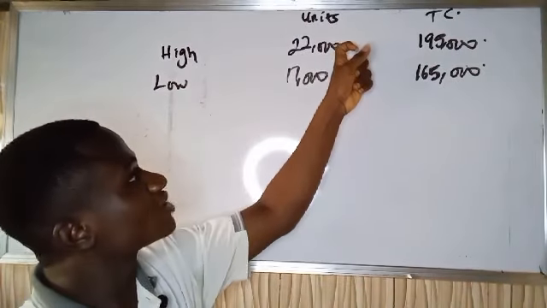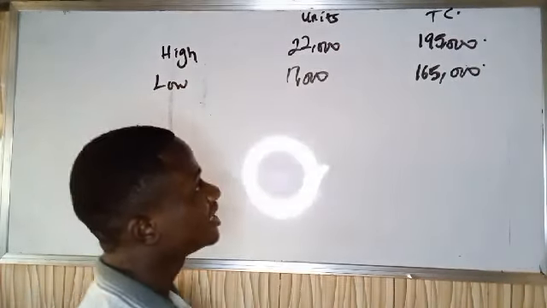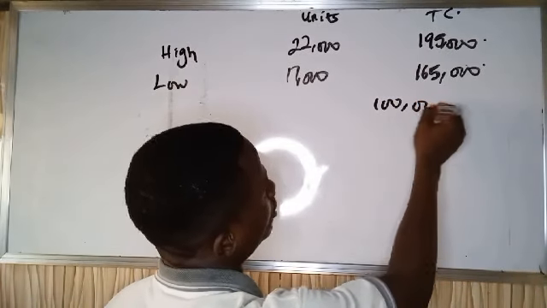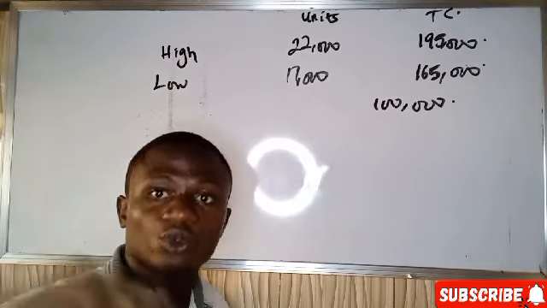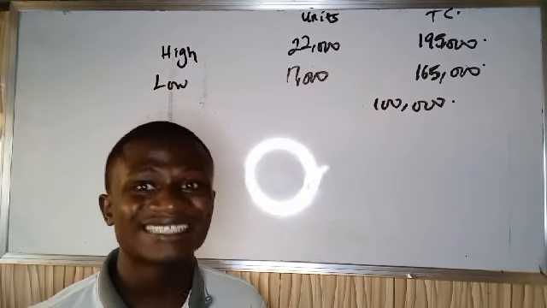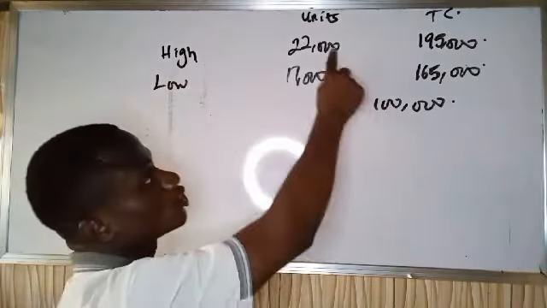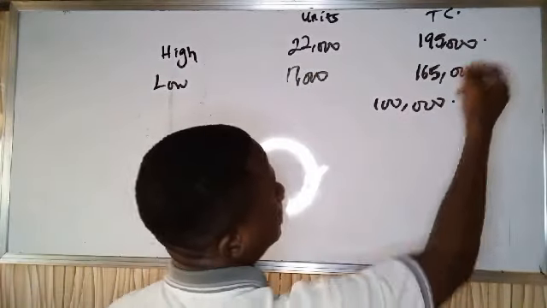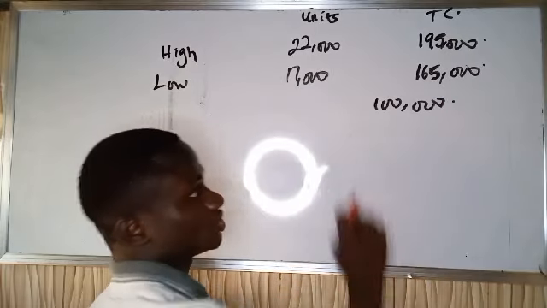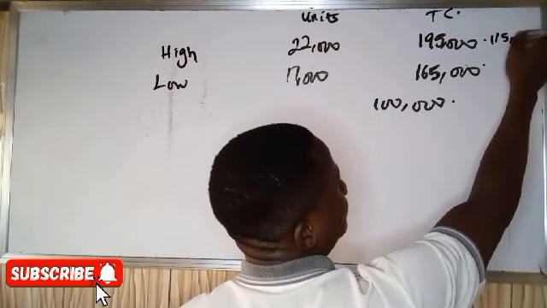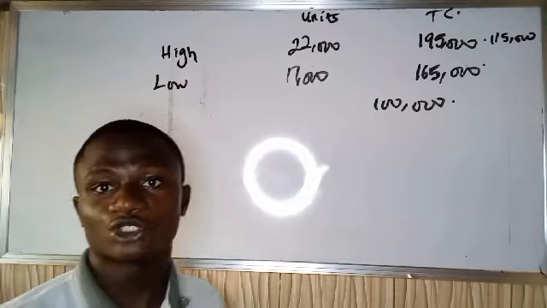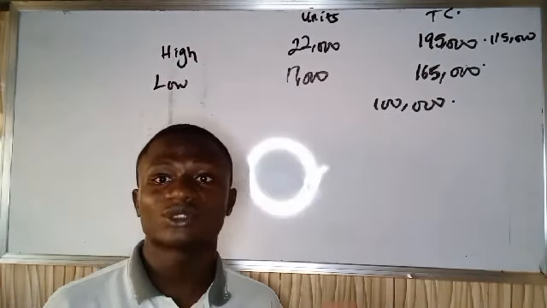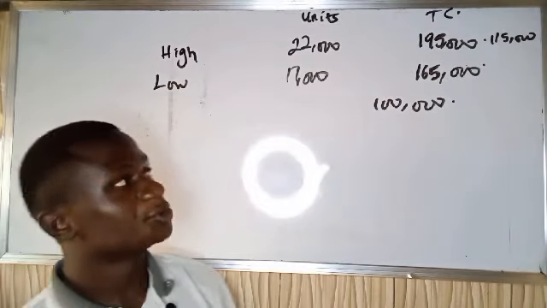Let's assume our normal fixed cost is 100,000. The question told us that if you produce more than 19,000 units, our fixed cost will increase by 15,000. So at this point my fixed cost will be 115,000. This will be my fixed cost at this level.